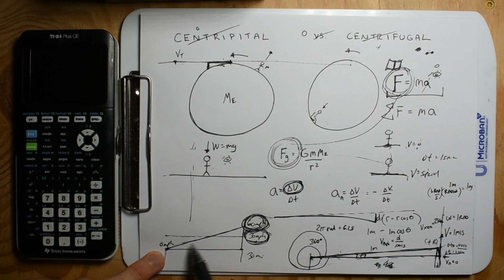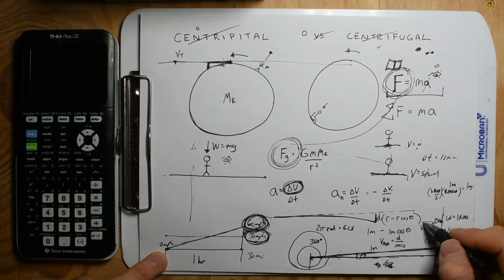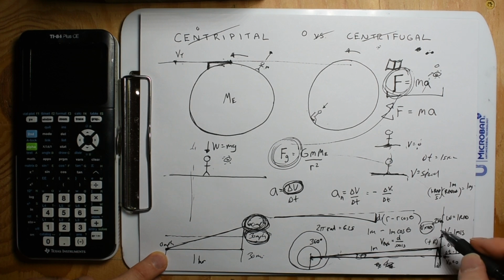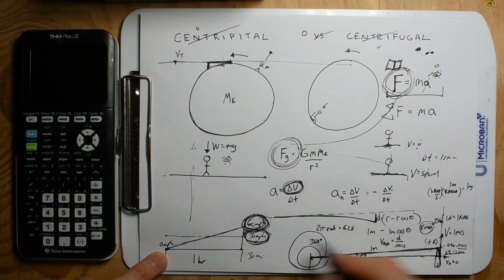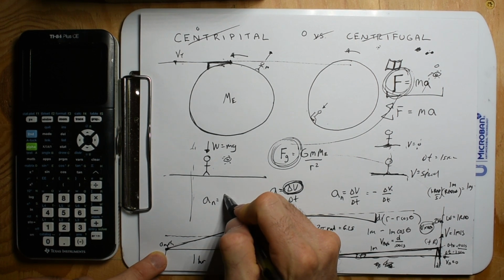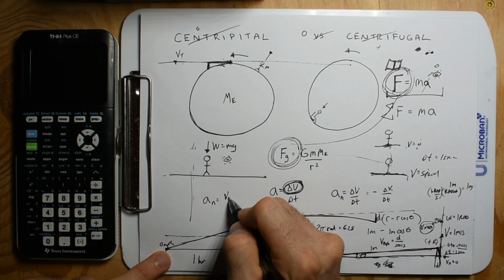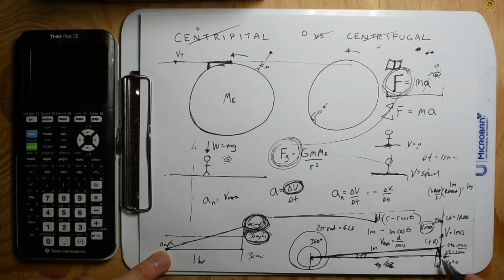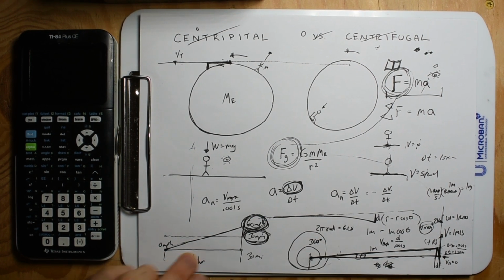So we went from 0 to 60 in this scenario. We go from 0 to our max velocity in that scenario. And change in time comes up again, because our normal acceleration is going to be that velocity max, that's our change in velocity, divided by that 0.001 seconds.